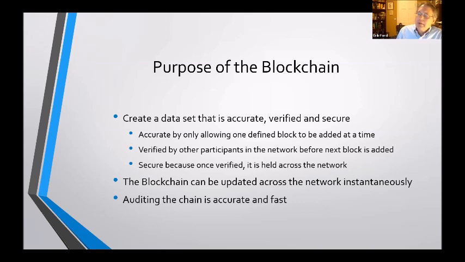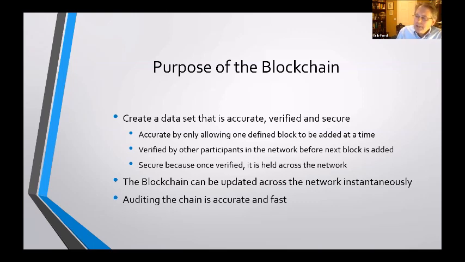Despite how complex these puzzles sound, with enough computing power, they can be solved relatively quickly. And so you can have a blockchain that becomes updated very quickly across the network, so that you've got the ability to manage transactions in a rather instantaneous, or almost instantaneous, fashion.